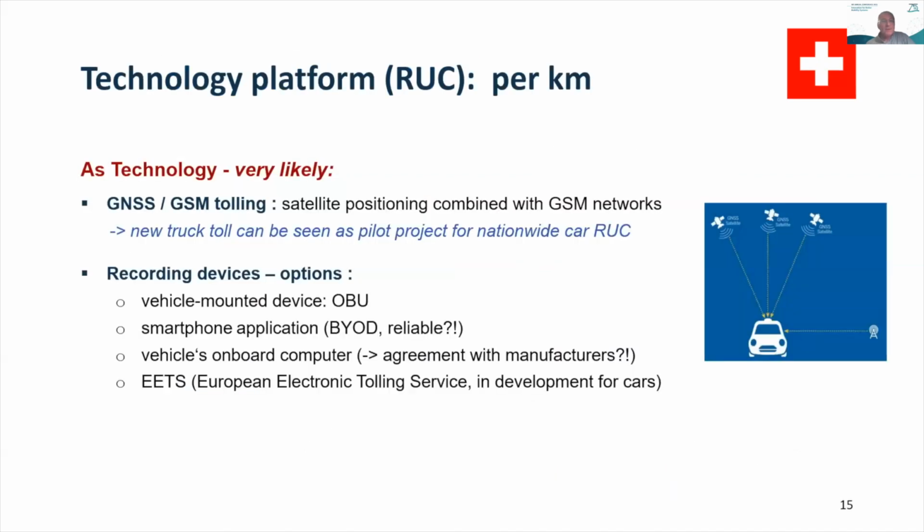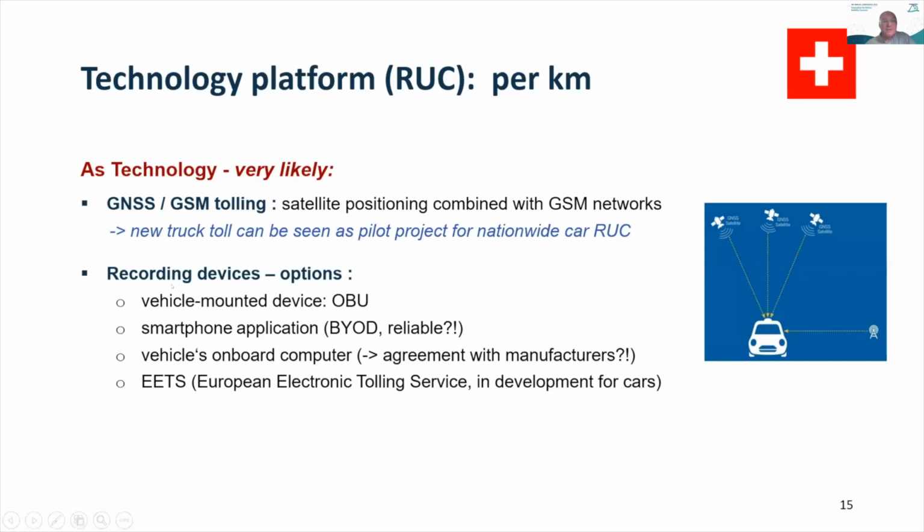And the technology, I don't go too much into the details. GNSS, satellite-based tolling combined with mobile networks, GSM. Interestingly, the new national truck toll, which will at the latest start maybe in the second half of 2024, is already the pilot project. If the GNSS GSM tolling system works, you can more or less extend it to cars.